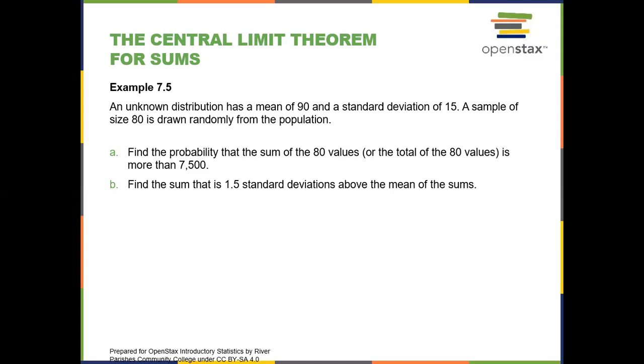Find the sum that is 1.5 standard deviations above the mean of the sums. Okay, 1.5 standard deviations. So that means we need to know the area to the left of 1.5.